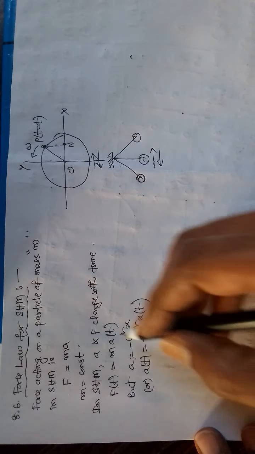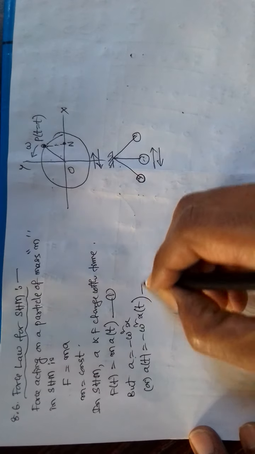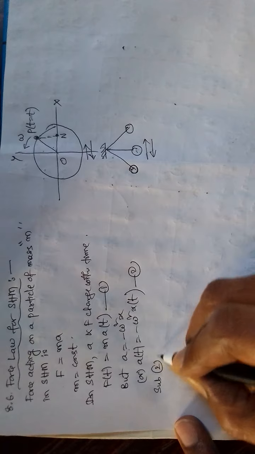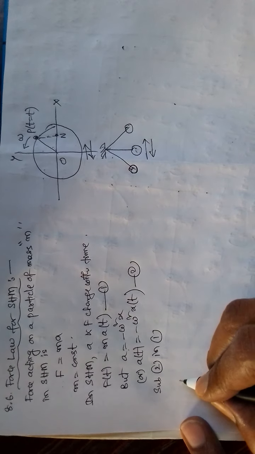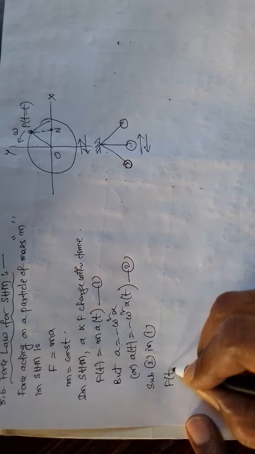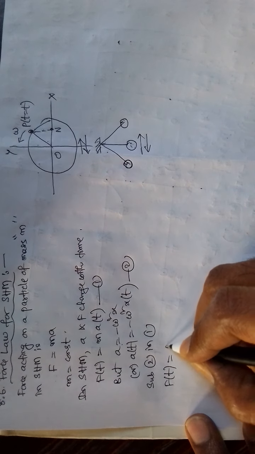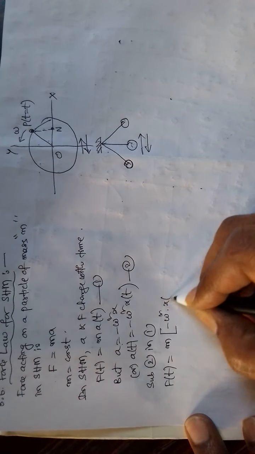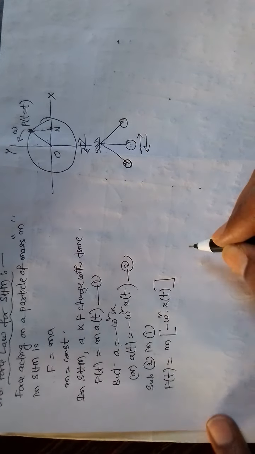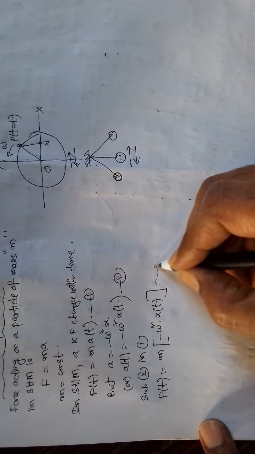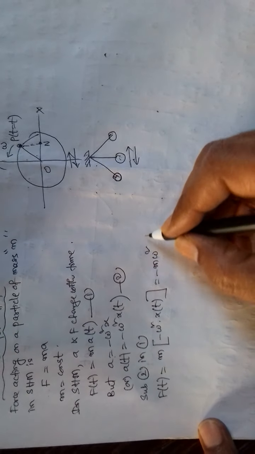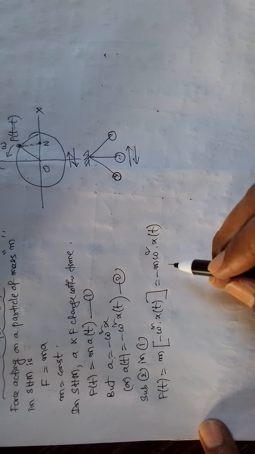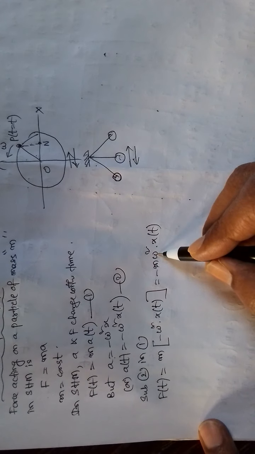Now substituting this in 1, we get m into minus omega square x of t, that is equal to minus m omega square x of t. Sir, m is a constant, omega is a constant.